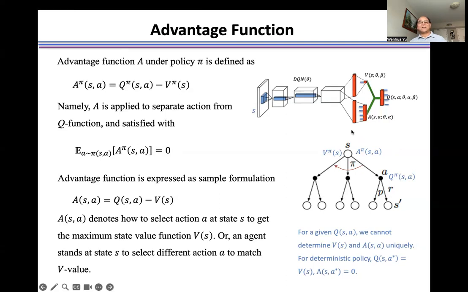The idea of the advantage function is just to change the angle of view. We stand here, we separate the action from Q, and then we can find the relation between the state value function and the actions.